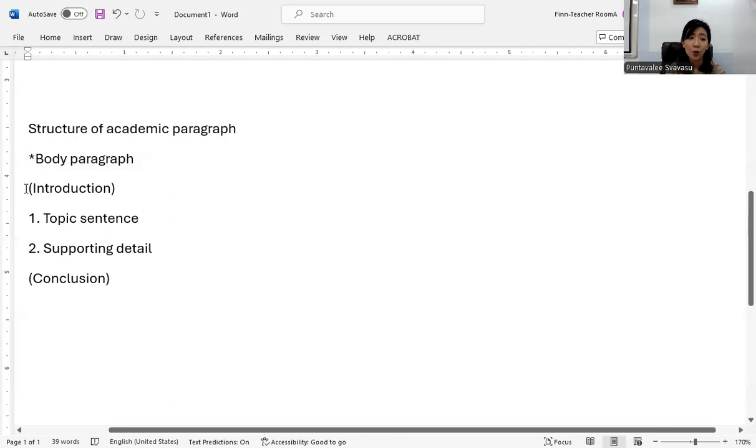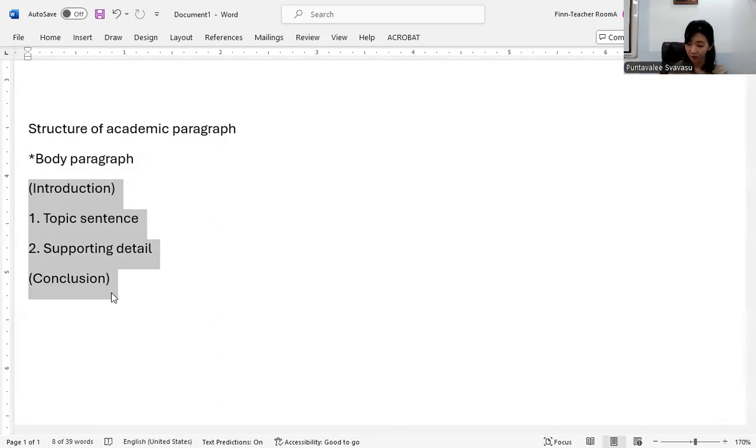When you write a paragraph in an essay, which I mean the body paragraph, there are some components that you need to have, and it's something that everybody does. So you should know the structure as well.